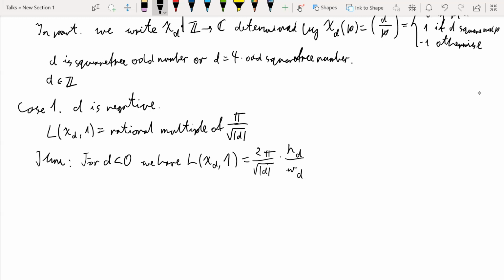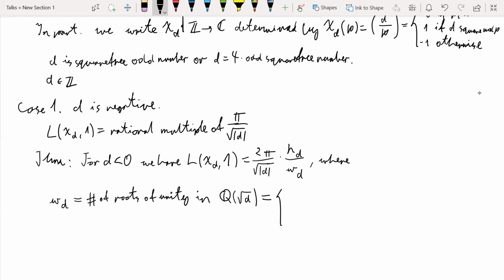And what are those 2 quantities, h of D and w of D? w of D is easier to explain. Where w of D is the number of roots of unity in the field Q adjoin square root of D. And we can even write explicitly what it is.